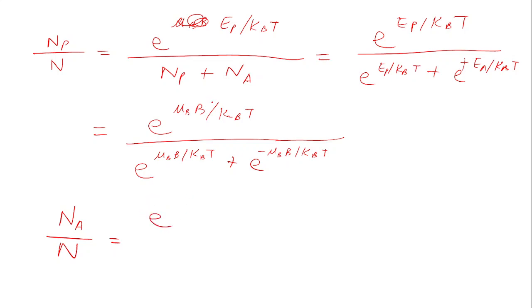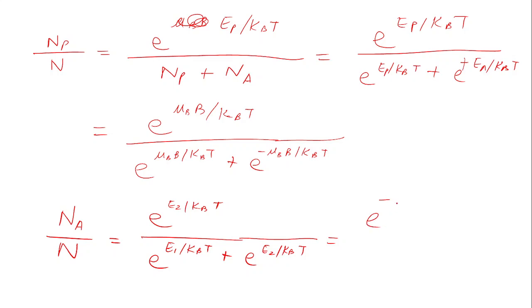e to the power E2 by kBT divided by e to the power E1 by kBT plus e to the power E2 by kBT. This will be e to the power minus μB by kBT divided by e to the power plus μB by kBT.